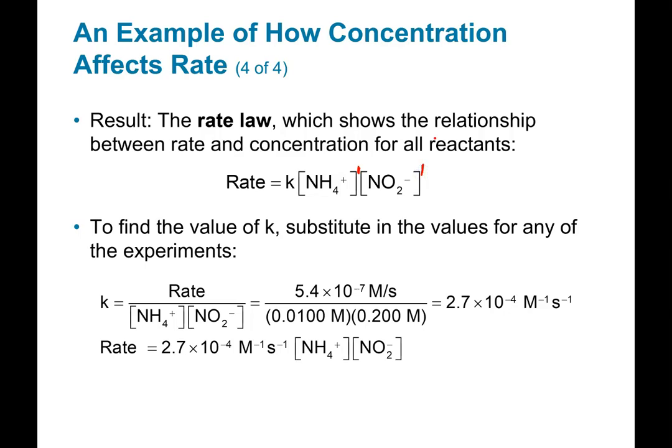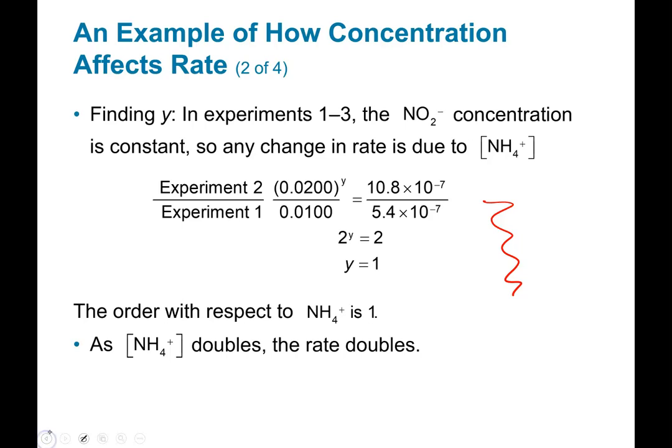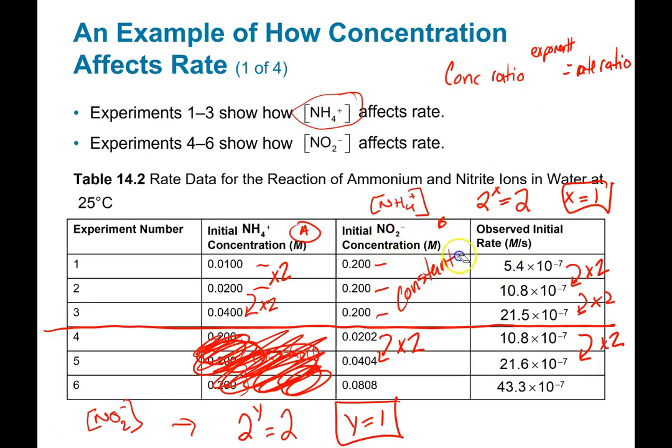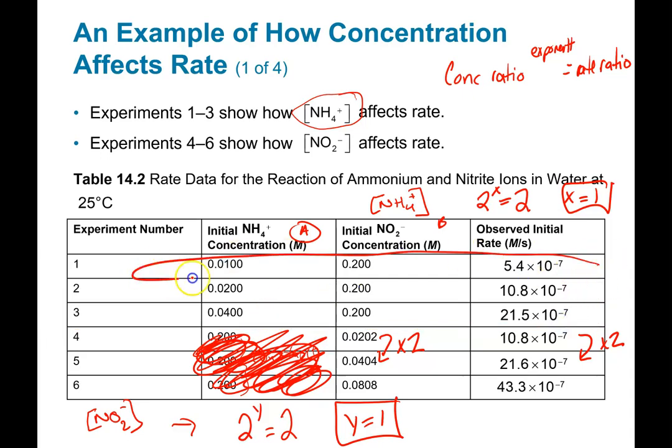And then from there, if we wanted to find K, we're going to substitute the values in from one of the experiments. So let's go back and figure out. So this is 5.4 times 10 to the negative 7, with concentrations at 0.01 and 0.2 molar. So they used this first experiment.